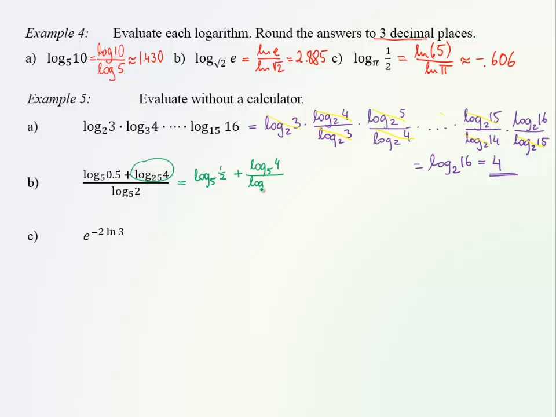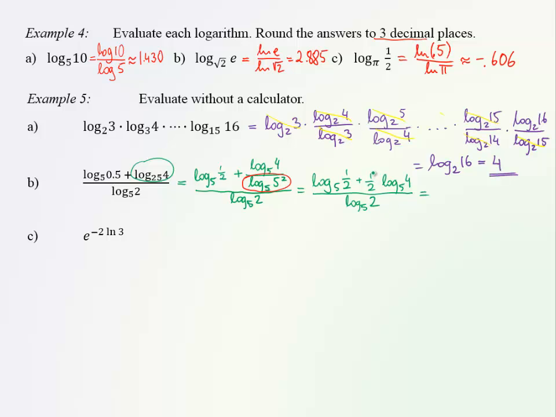over log base 5 from 25, which is 5 square. Everything over log base 5 from 2. So now this log base 5 from 5 square is actually equal to 2. So we can replace this by 2, or rather take 1/2 in front of the log base 5. Okay, that will look like log base 5 from 1/2 plus 1/2 log base 5 from 4 over log base 5 from 2.